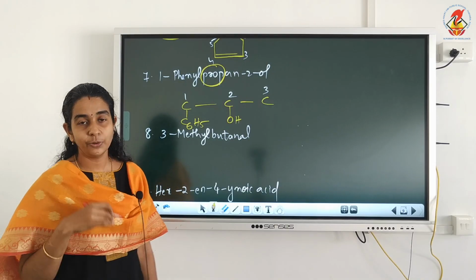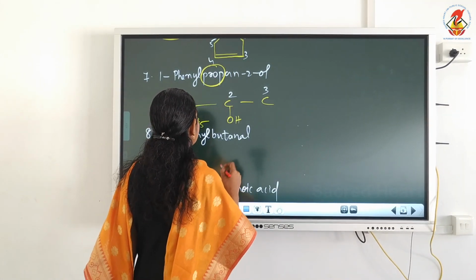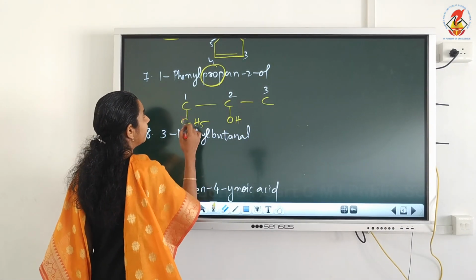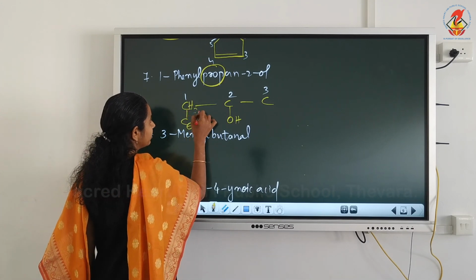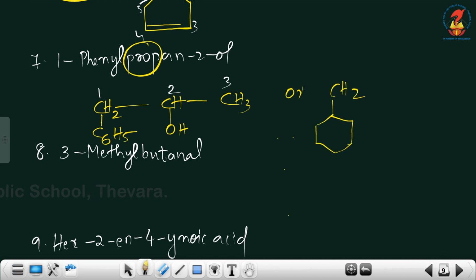Phenyl group means on the first carbon either you can draw a benzene ring or you can write it as C6H5. So add hydrogen to satisfy the remaining valency. So here CH2, CH, CH3. So this can also be written as CH2. Phenyl means if you want you can draw one benzene ring.